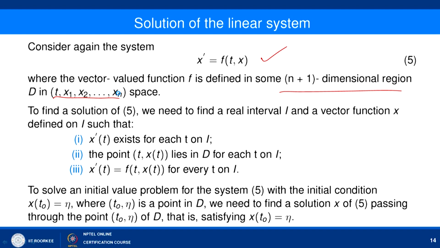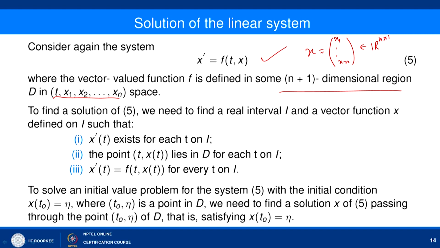For that we consider the system x dash equal to f(t, x), where the vector valued function f is defined in some n plus 1 dimensional region D in (t, x1, x2, ..., xn) space, and we try to define what we mean by the solution of the system 5. Here x is (x1, ..., xn), a vector in R^(n×1), and f is a vector valued function defined in the n plus 1 dimensional region D in (t, x1, x2, ..., xn) space.